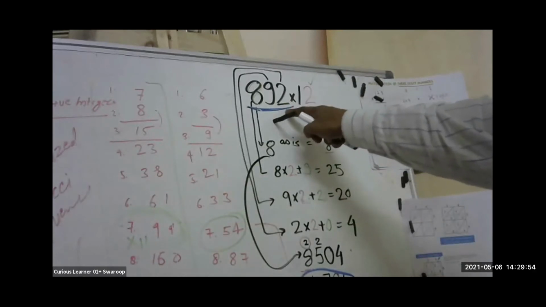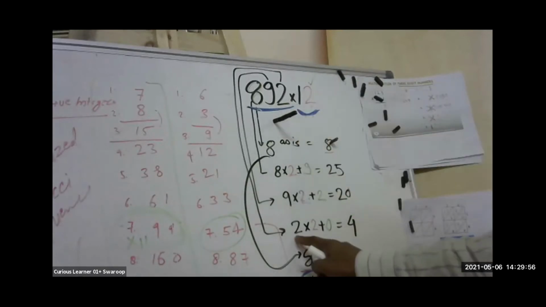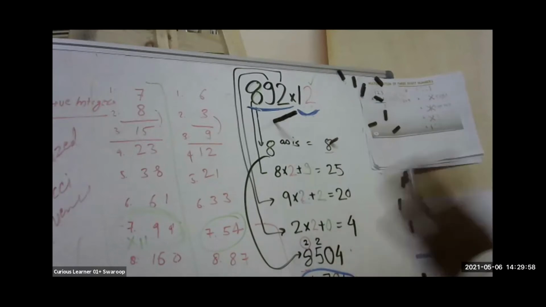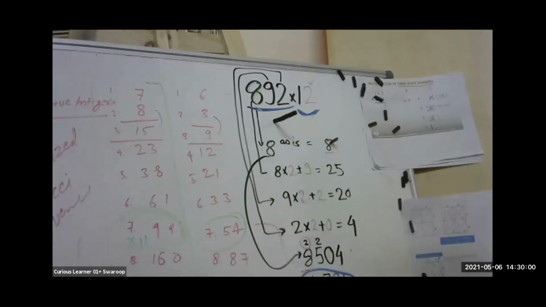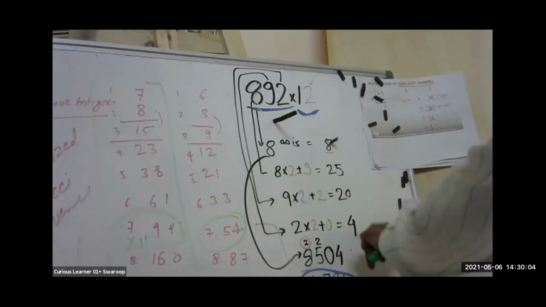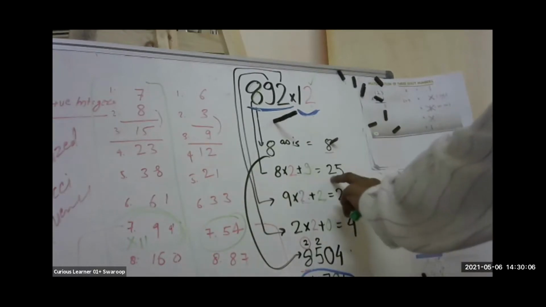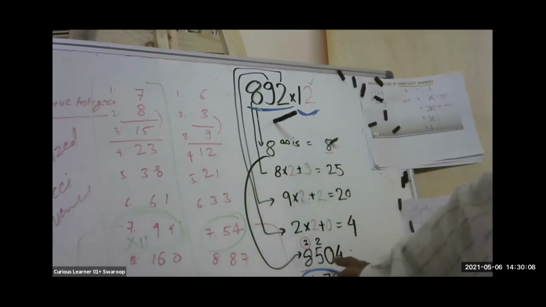The same thing we do with 2. 2 multiply with 2 and add nothing because there is no number in front of it. Answer is 4. So we write 4058. This is the carry forwards. Now you have to add carry forwards. 4 as it is, 0 as it is, 5 plus 2 is 7, 8 and 2 is 10. 10,704.